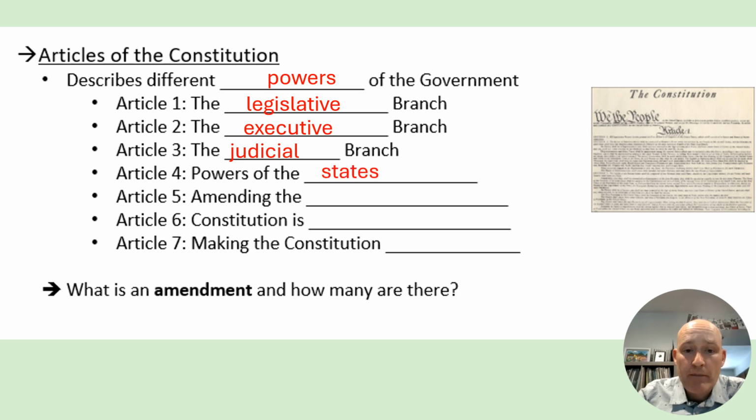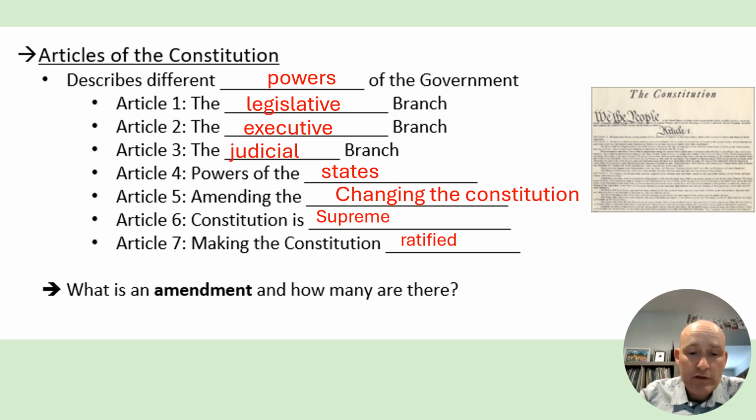Article 4 are powers of the states. Article 5 is amending or changing the Constitution. Article 6, the Constitution is supreme, meaning its laws take precedence over the state laws. And Article 7 is making the Constitution ratified.